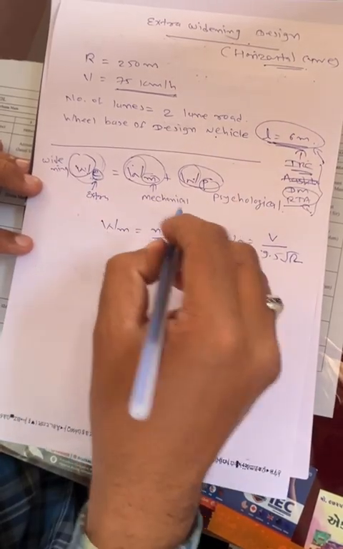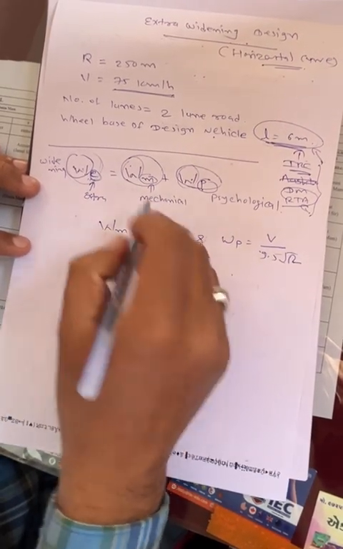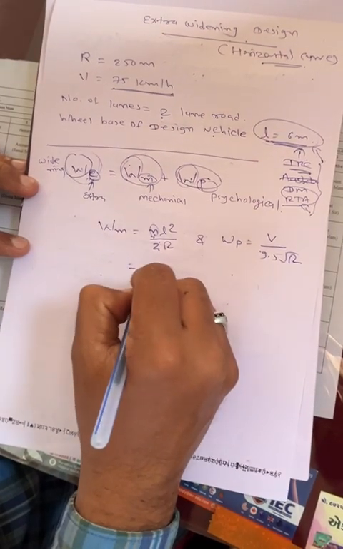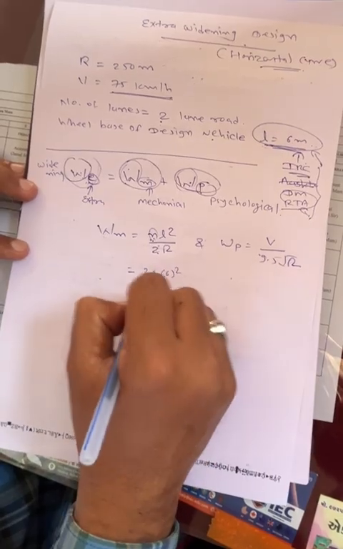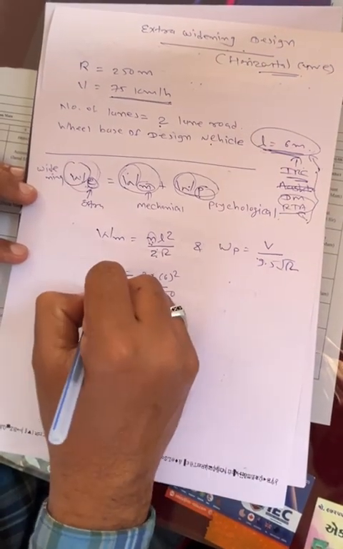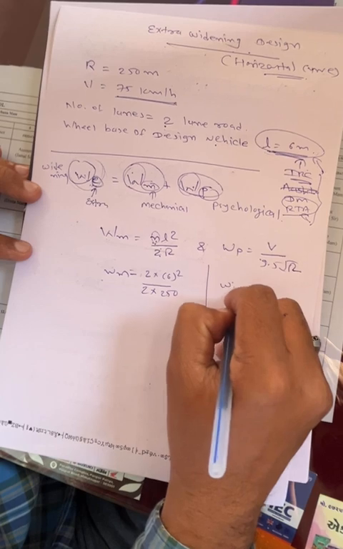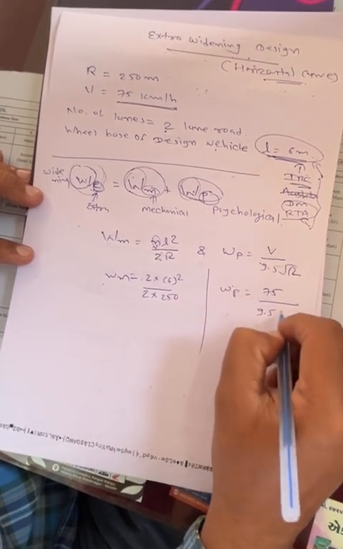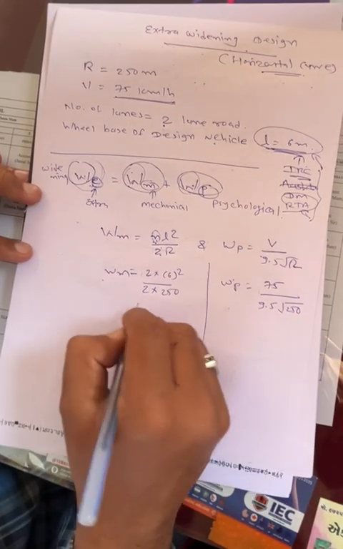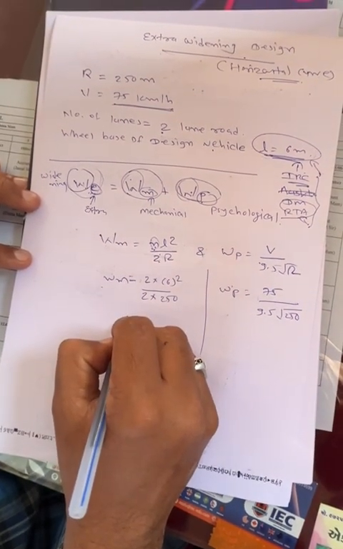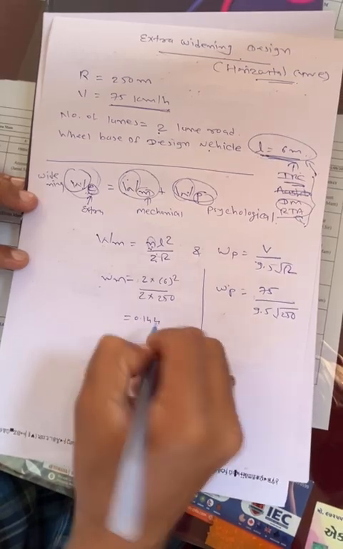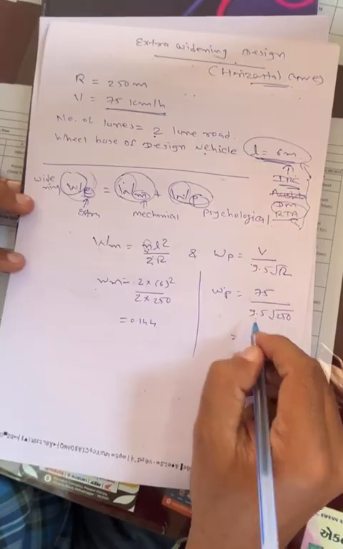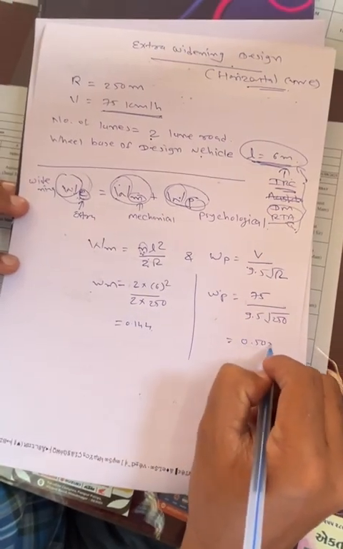Now we have all the values: N is equal to 2, the number of lanes, L is 6, R the radius is 250. For WP, you have 75 design speed, 9.5, and R is 250. So WM we get 0.144, and after solving, we have WP 0.50 meter.